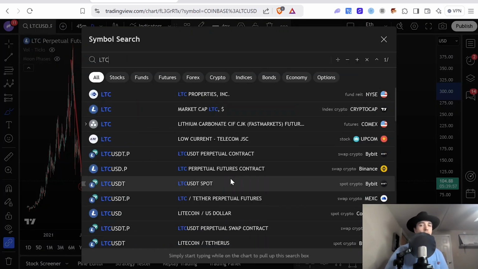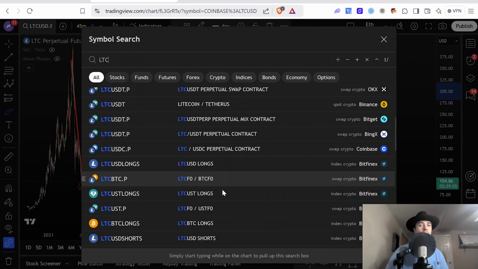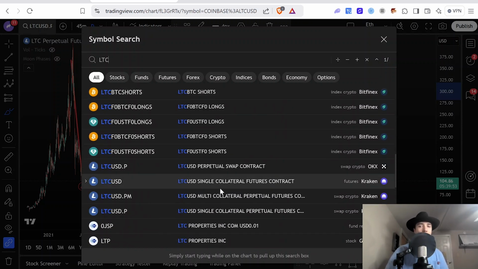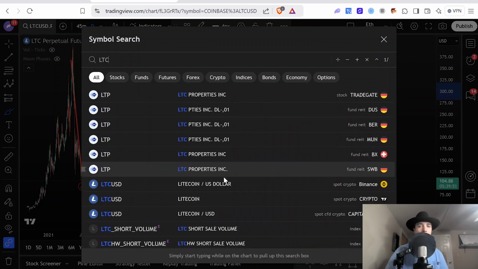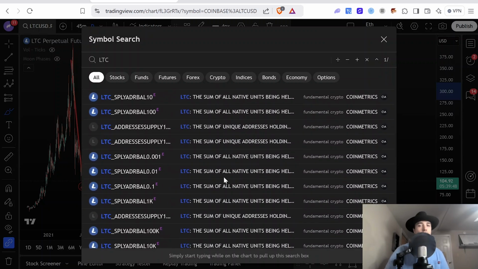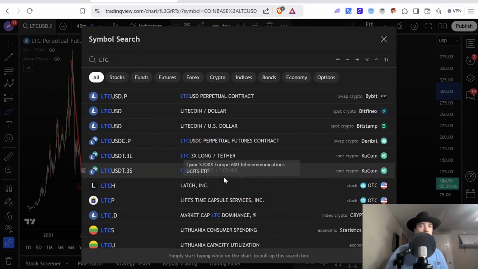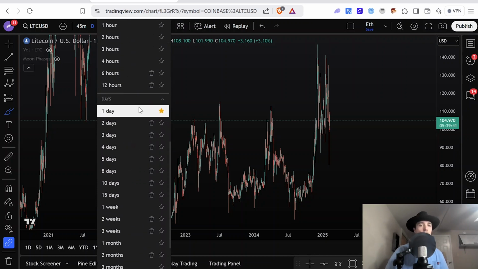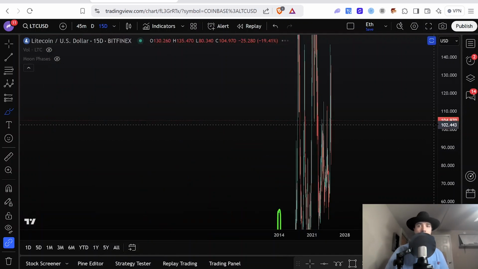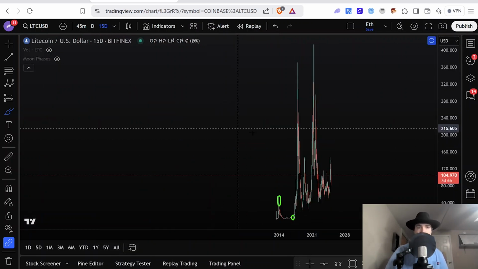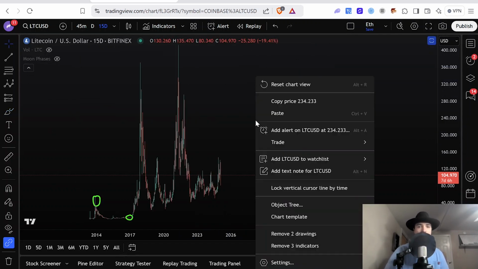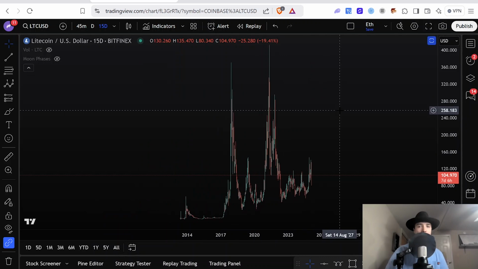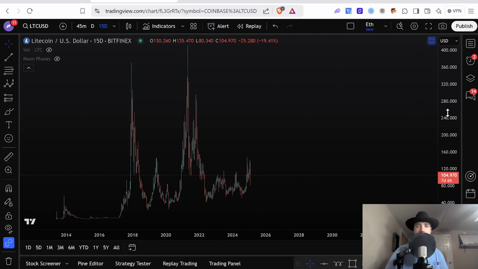And in fact, if we go to a bigger time frame and look at Litecoin over on Bitfinex, which has the most historical data. So whenever you're looking at different coins on TradingView, you usually have to look through different exchanges to figure out where that coin has been available for trading the longest, because that's going to give you the most historical data. And you can see Bitfinex is that place for Litecoin that has a lot of historical data.